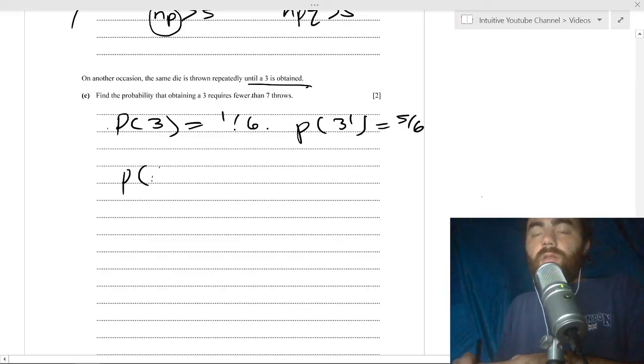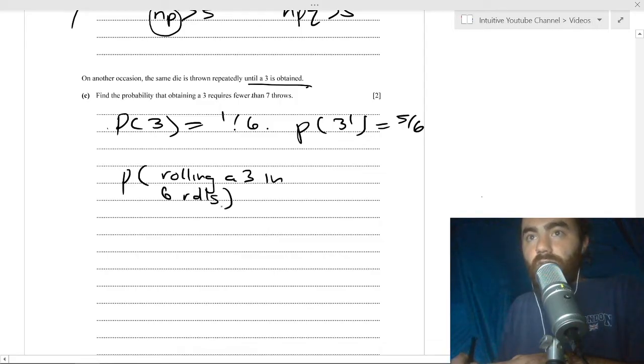That means we want to find the probability of rolling a 3 in 6 rolls, because it says fewer than 7 rolls. So in 6 rolls, what's the probability of us obtaining a 3?